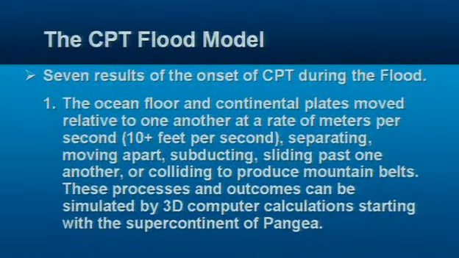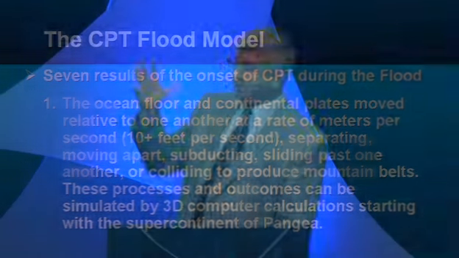That's tens of feet per second, separating, moving apart, subducting, sliding past one another, slamming into one another to produce mountain belts. And these processes and outcomes can be simulated, as I said before, in a three-dimensional system in a computer, starting, for example, with a configuration of a supercontinent known as Pangaea.